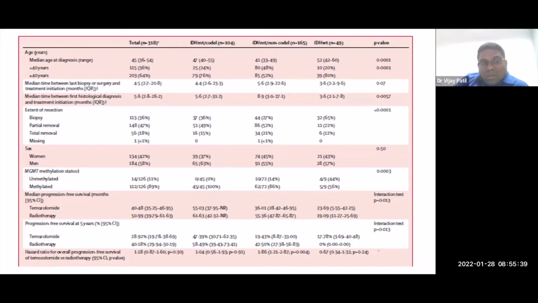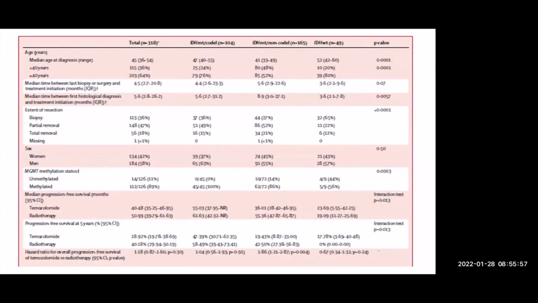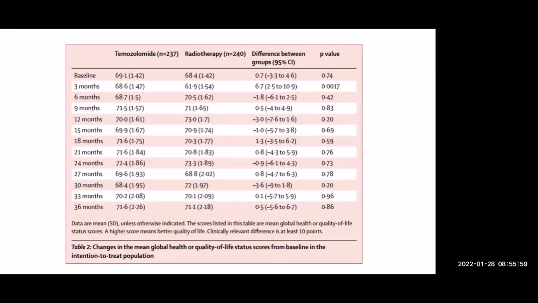So this is not a study in the so-called RTOG low-risk group. More than 40 years of age was the majority of the patients, so it was more of a study in a high-risk group, looking at temozolomide versus RT.